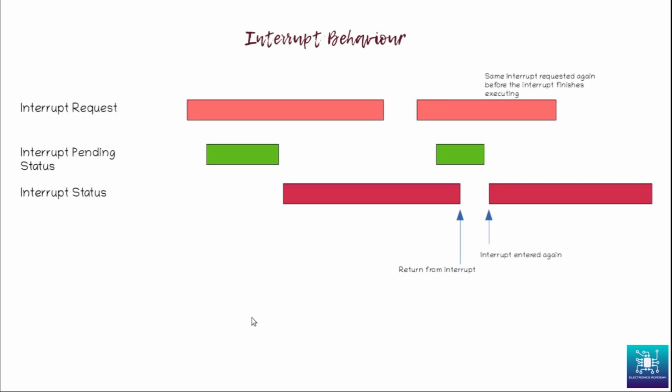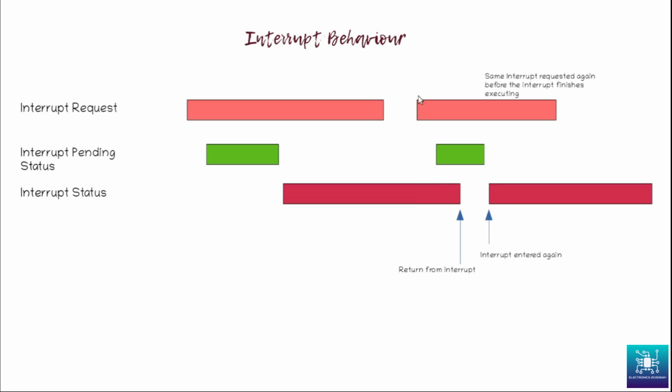Okay, the third behavior is this: the interrupt is asserted, there is a pending, and the ISR starts executing here. As the ISR starts executing, before this interrupt service routine completes, another interrupt comes.